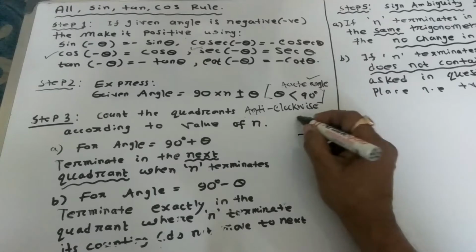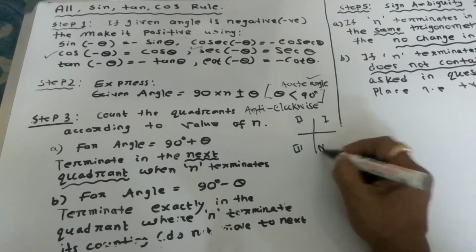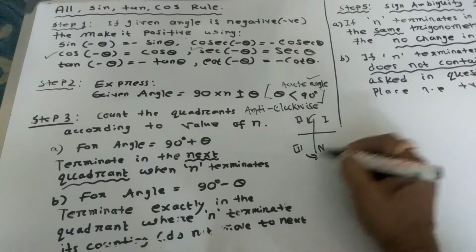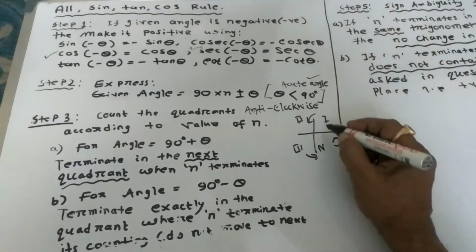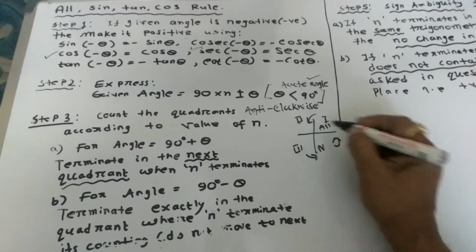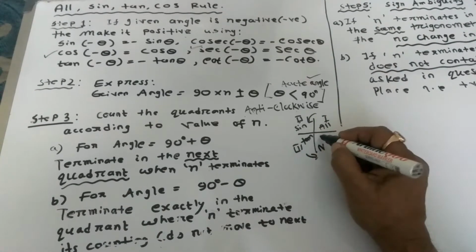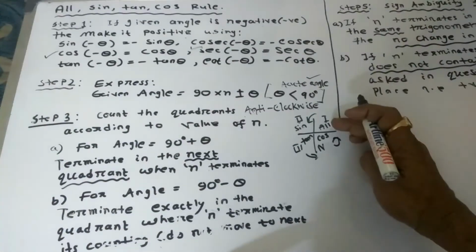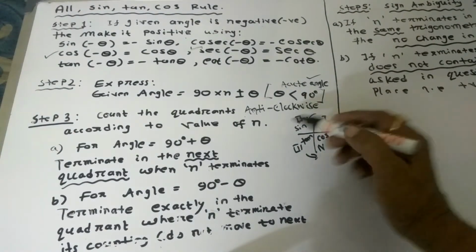These are quadrant 2, quadrant 3 and quadrant 4, and this is the anti-clockwise direction. Now what happens? All, sin, tan, cos. Sin is positive in the second quadrant, that means cosec is also positive. Tan and cot are positive in the third, and cos and sec are positive in the fourth quadrant.